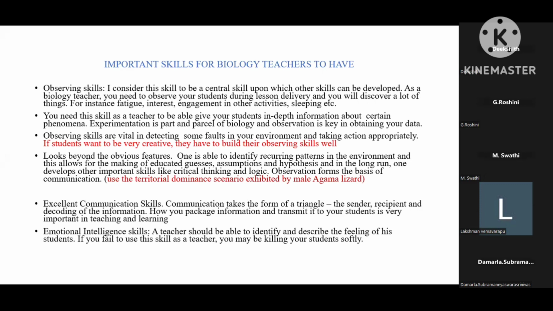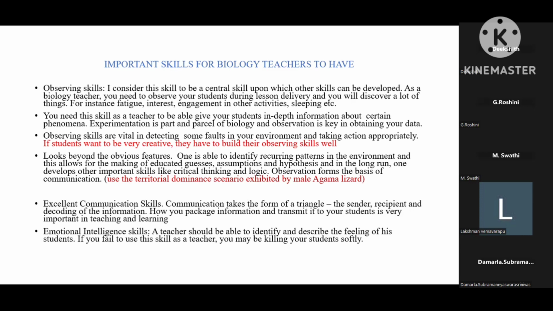I want to cite this particular example for you that happened some time back in the school. I was seated with some other teachers under a neem tree, and an agama lizard was exhibiting territorial dominance. One male agama lizard is expected to service several female ones within its habitat.